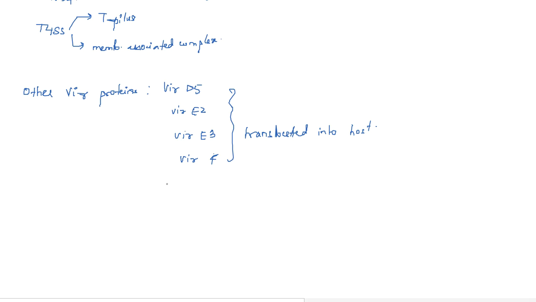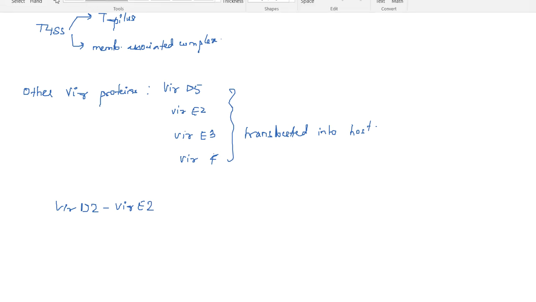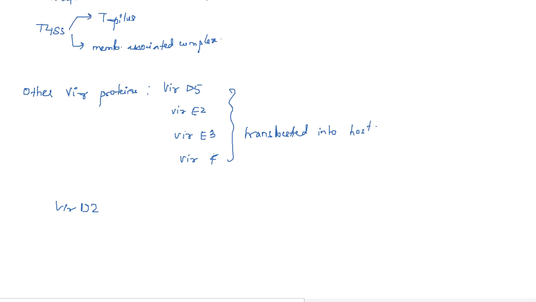Okay, and this Vir D2, which we already know its role, and Vir E2 do not translocate together. One thing I would like to mention is that they do not translocate in the bound form.